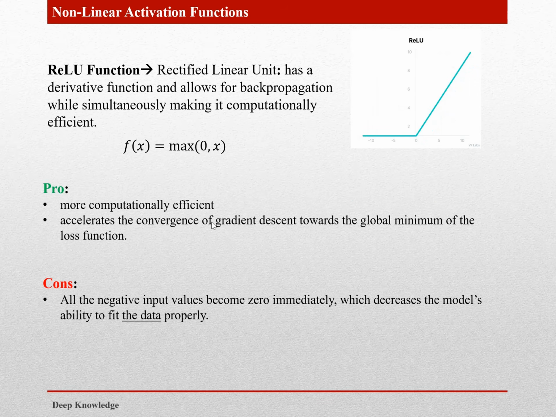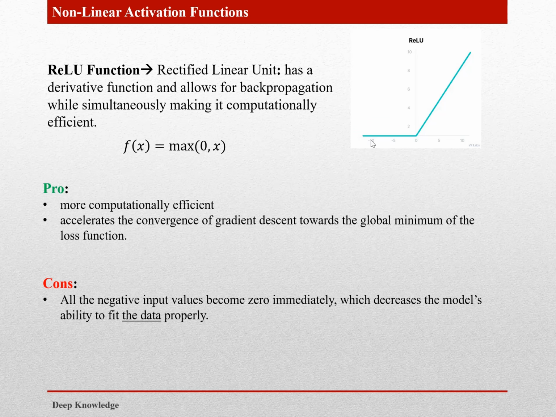And the next one is the ReLU function, rectified linear unit. The main idea of this function is that if you have any negative value of x, it will be considered as 0, and we take only positive values. It means if, for example, a neuron has a negative value, it will not be activated, it will be disabled.